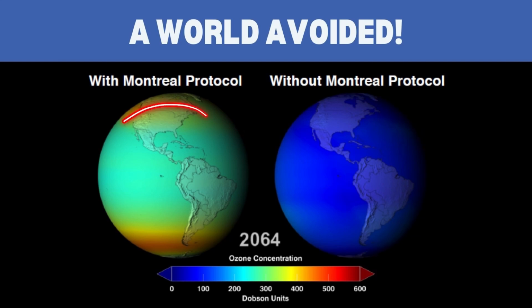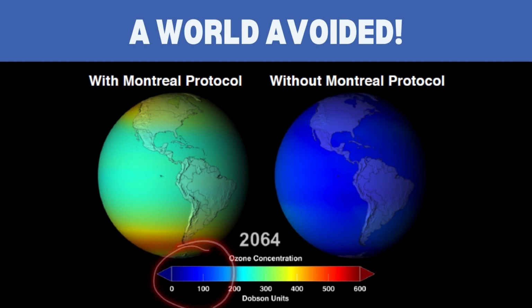The world would be like this with the Montreal Protocol, in which we ban the ozone depleting substances, and we are seeing that the ozone molecule concentration will be like this. However, the world would be like this, blue in color, without the Montreal Protocol, and without the Montreal Protocol means there will be no ban on ozone depleting substances.